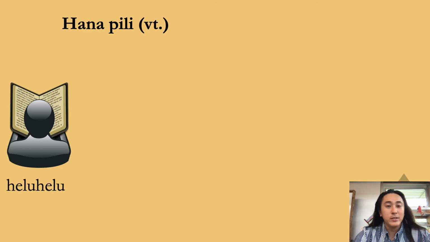So you're reading the book, it's marked with an I marker. Heluhelu i ka puke, read the book. And this is where it becomes important, the difference between intransitive verbs, hana pili 'ole, and transitive verbs, hana pili.